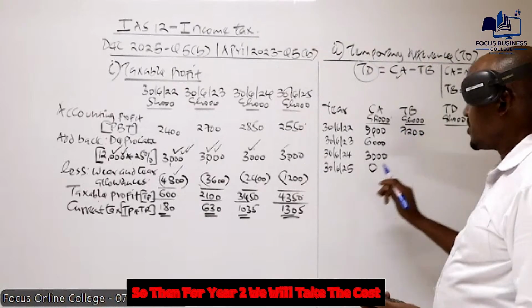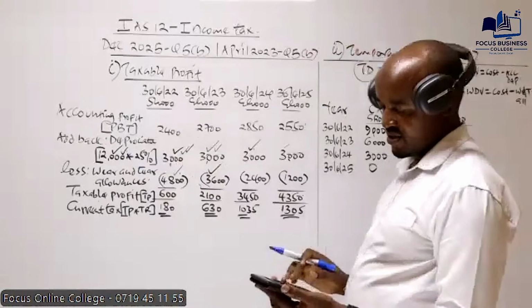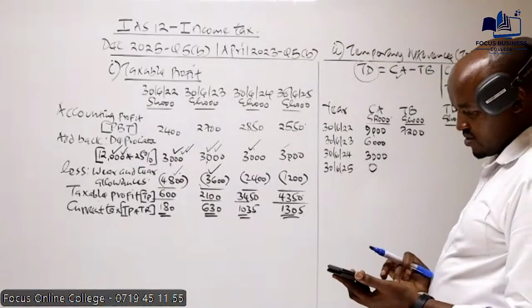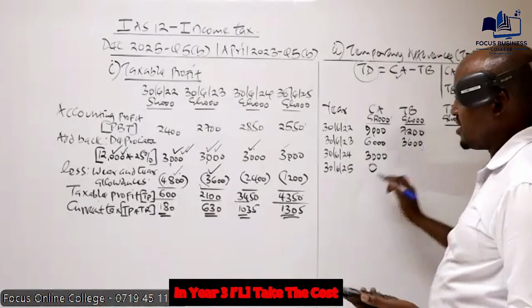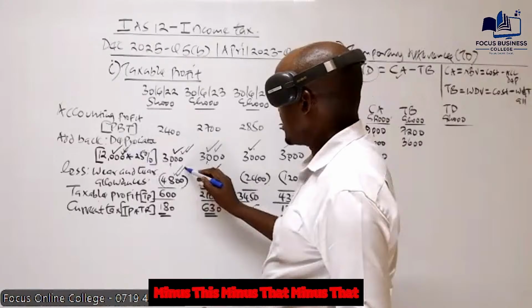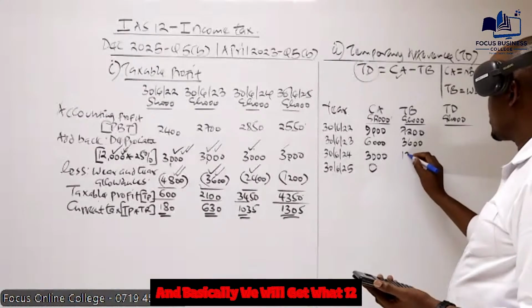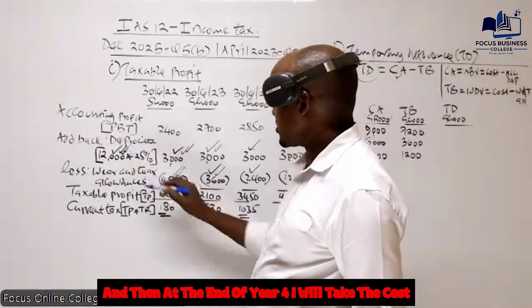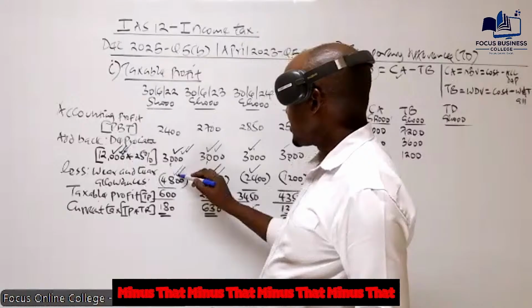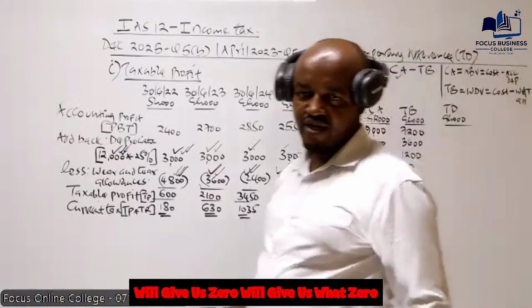Then for year two, we will take the cost minus this, minus that, and in this case, I'll get 36. In year three, I'll take the cost minus this, minus that, minus that, and basically we will get 12. And then at the end of year four, I will take the cost minus all of those, and automatically that one will give us 0.